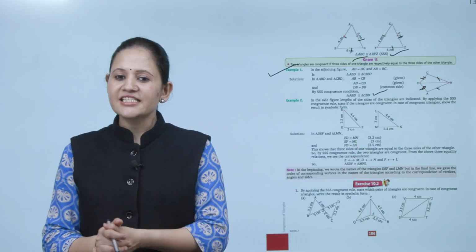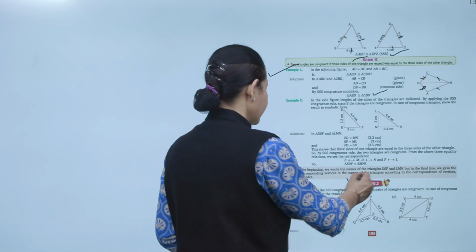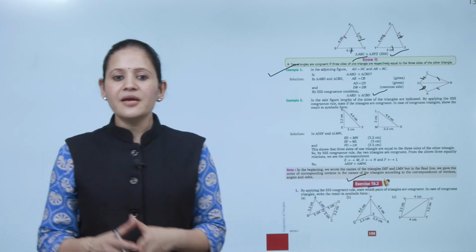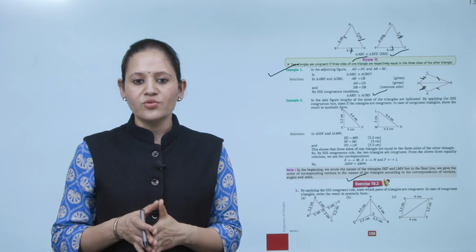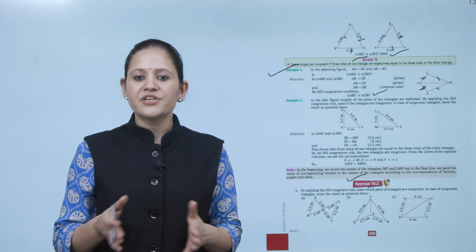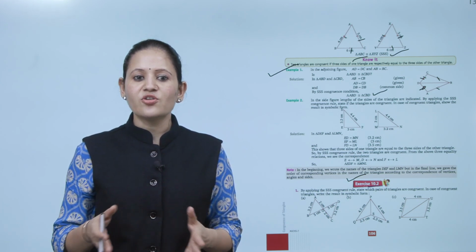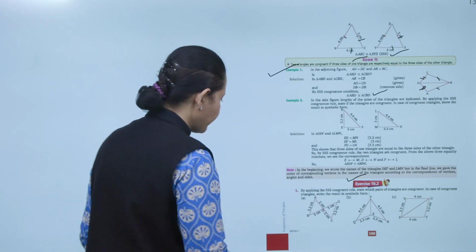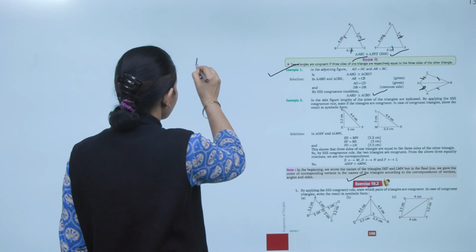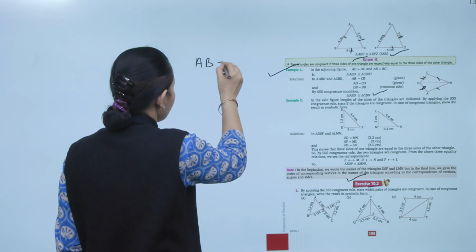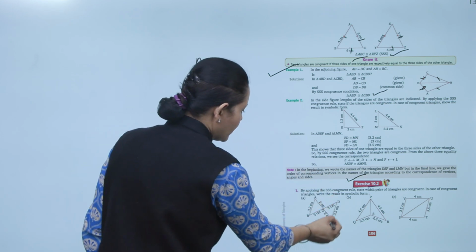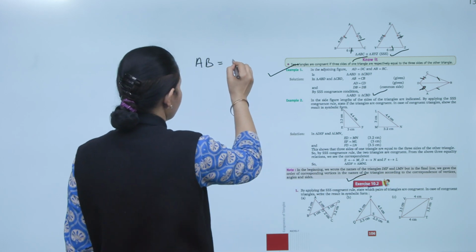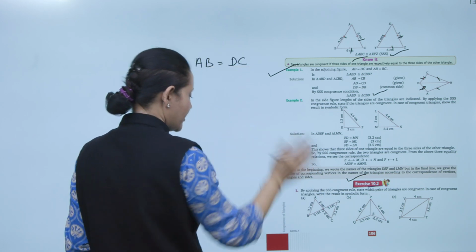Clear? Next is exercise 10.2. By applying SSS congruence rule, state which pair of triangles are congruent. In case of congruent triangles, write the result in symbolic form. So, here AB equals DC or CD.